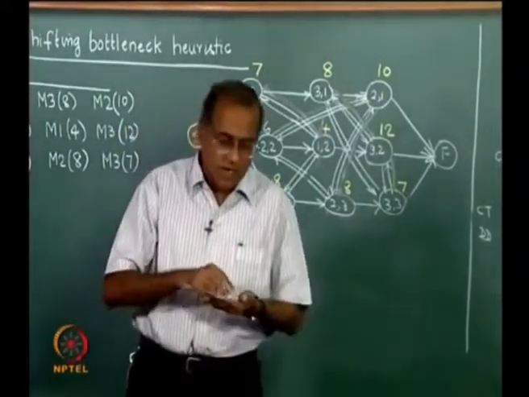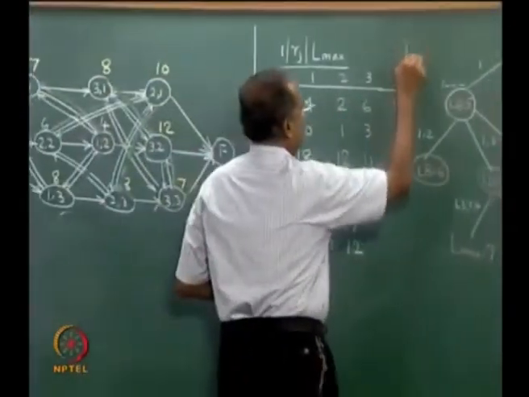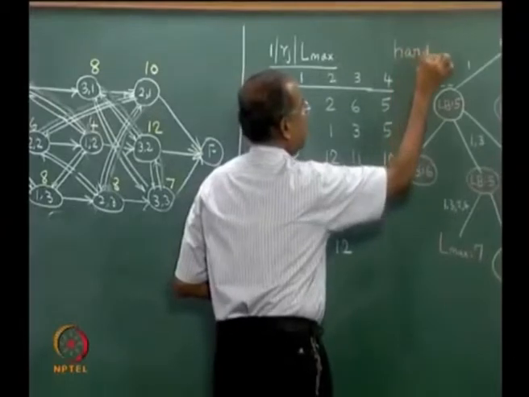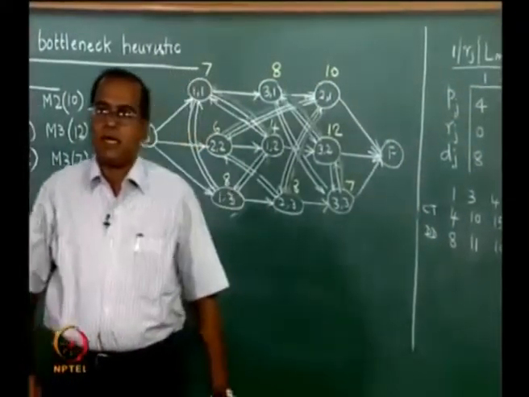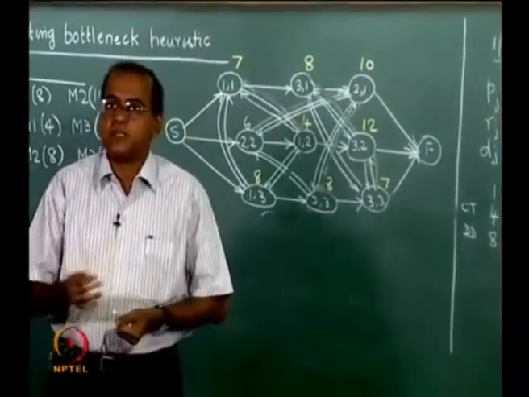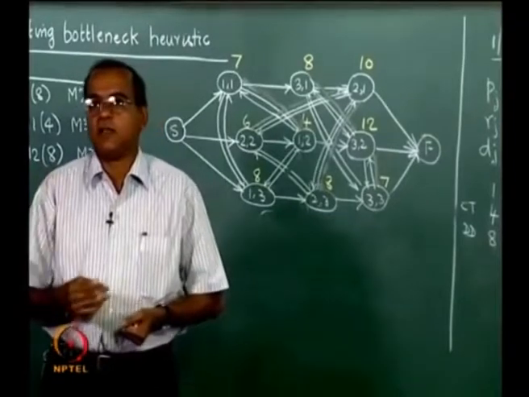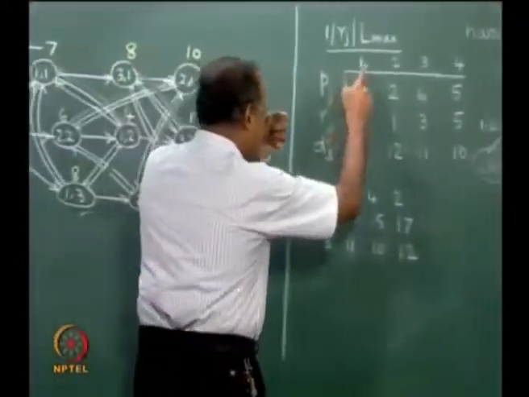But the 1 r_j L max problem is a hard problem, a difficult problem, and may in the worst case involve computation of all the n factorial possible sequences. Now, we took an example with 4 jobs.